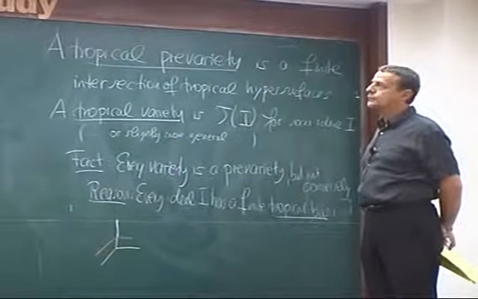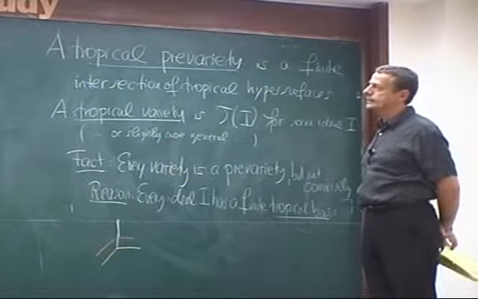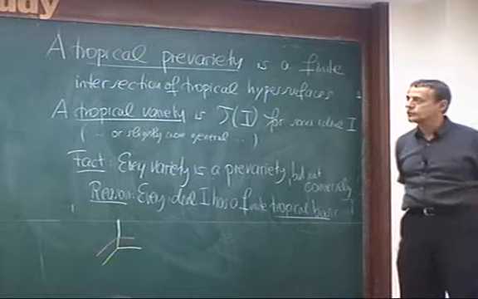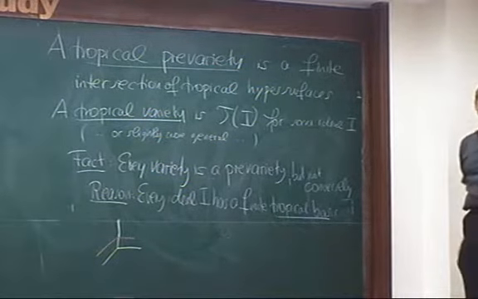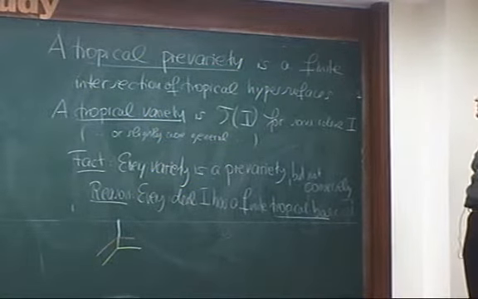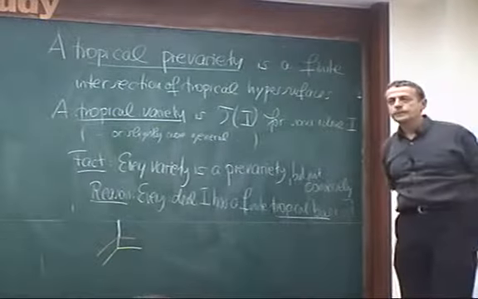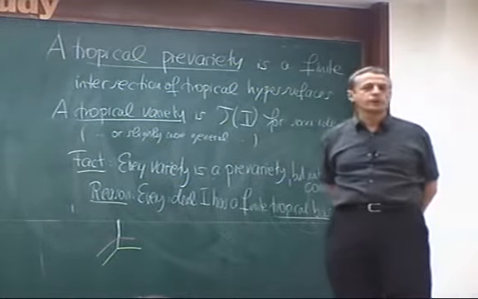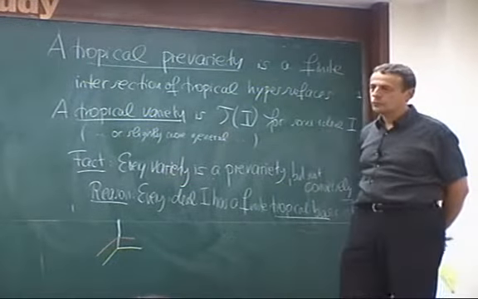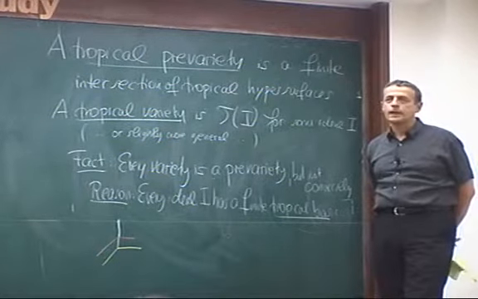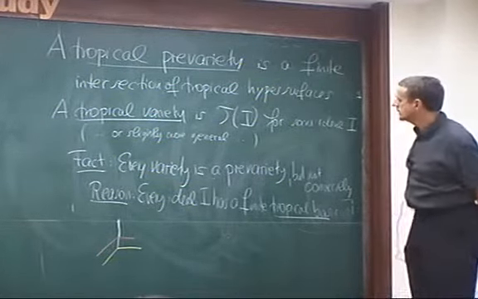Okay, so before I come to the actual lecture, here's a remark I should have made earlier. A tropical pre-variety is any finite intersection of tropical hypersurfaces. Tropical hypersurfaces are defined by tropical polynomials, where the minimum is attained twice. Any finite intersection of those in R to the n, I'm going to call a pre-variety.